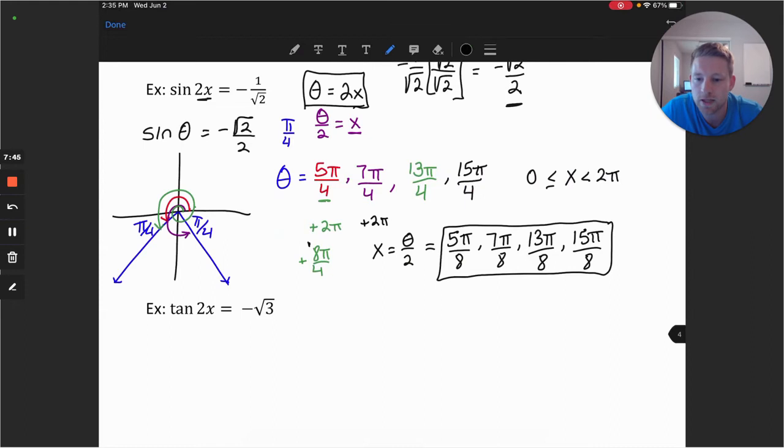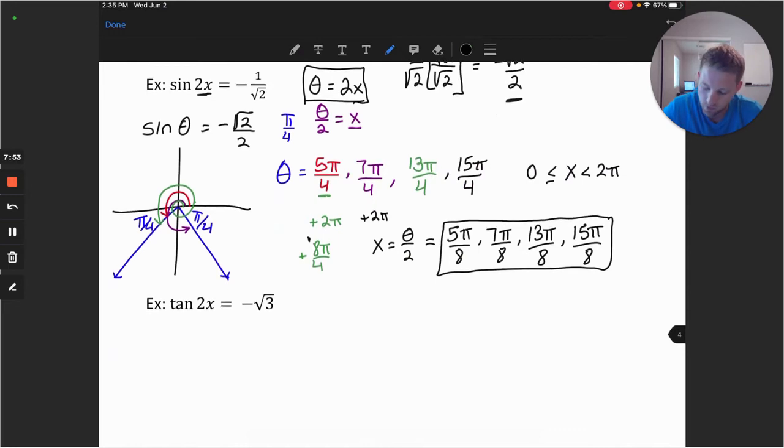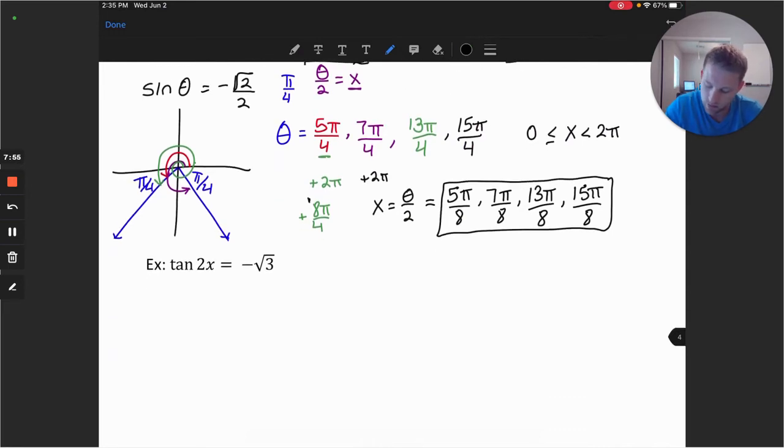So let's consider, again, working through a double angle with a tangent function. So first, again, I'm going to consider rewriting this angle as a theta. So theta here is going to, again, equal 2x. So I'm looking for the tangent of theta equal to negative square root of 3.